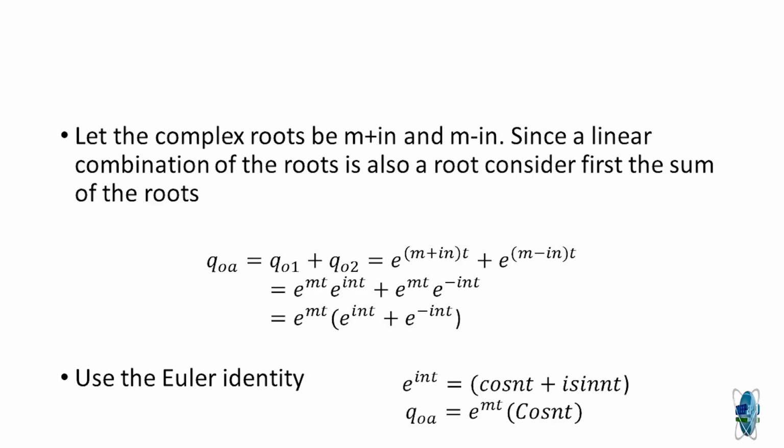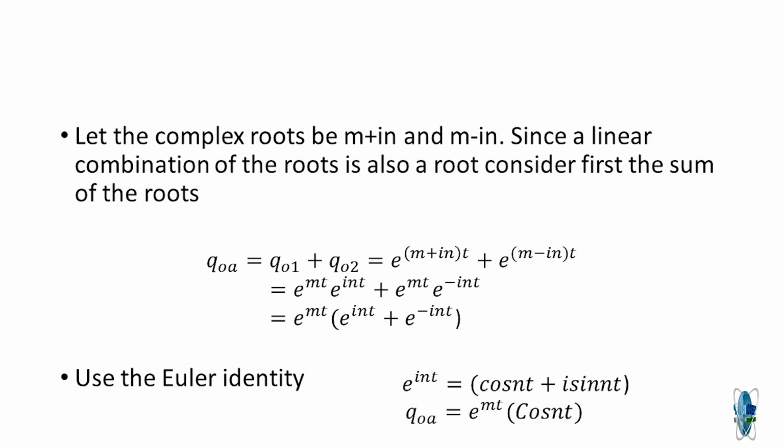So the solution is going to be e to the power of m plus or minus in, and you use the Euler identity to convert the exponential to the cosine and sine form.